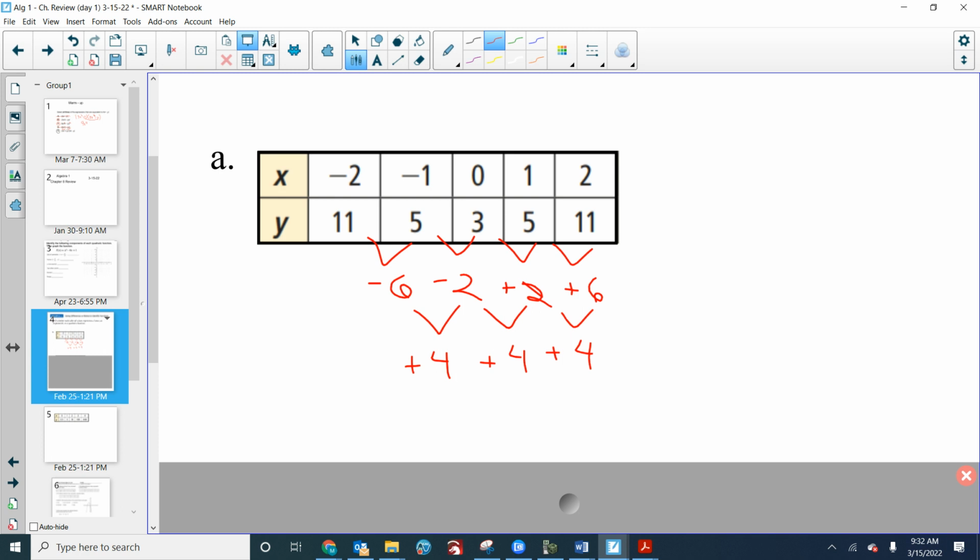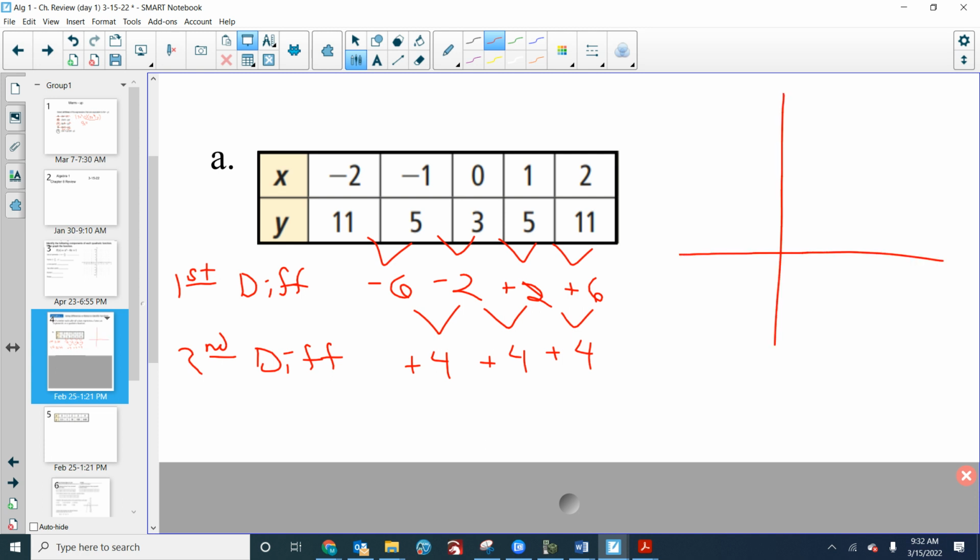These are called the first differences, because it's how much y is changing. These are the second differences.